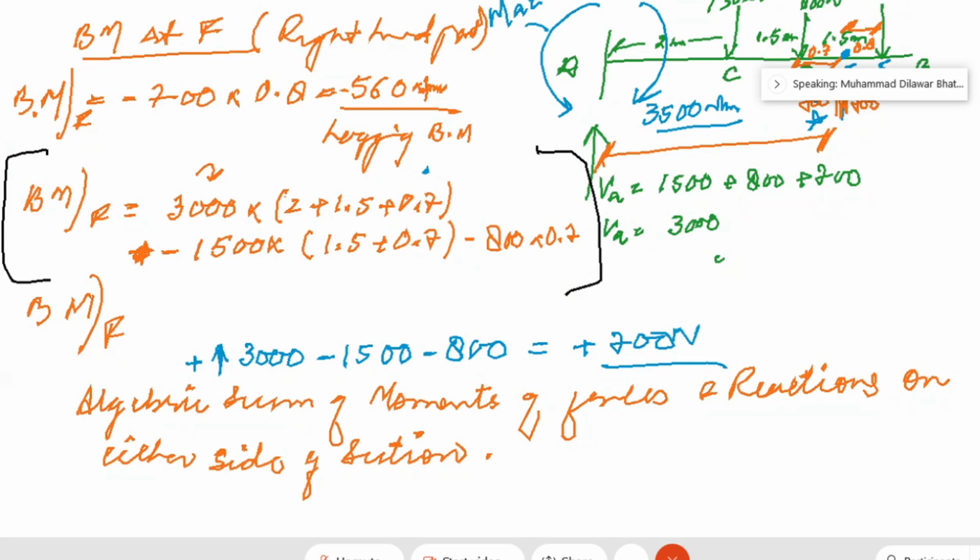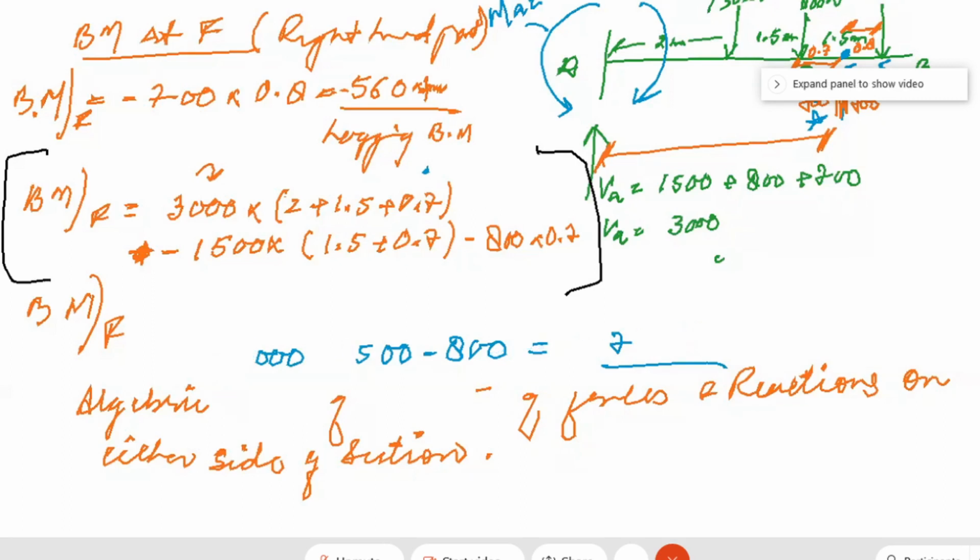There is one thing missing while we are calculating moment between A and D. A and F, sorry. What is it? Can anybody tell me? There is one thing missing.